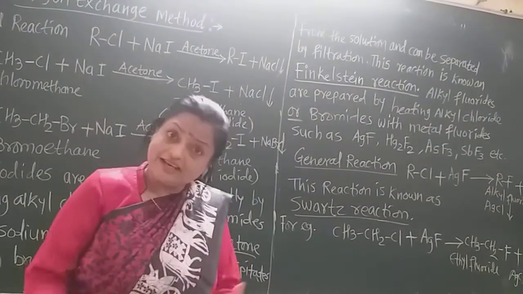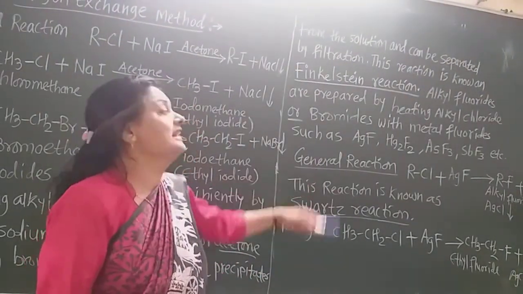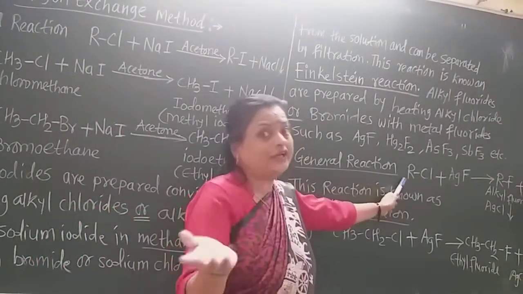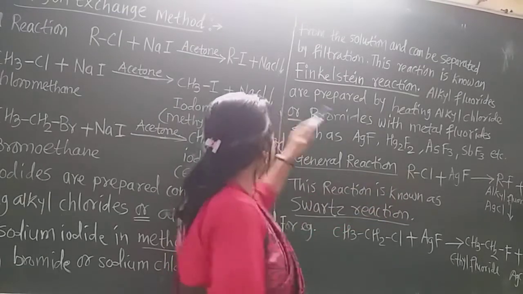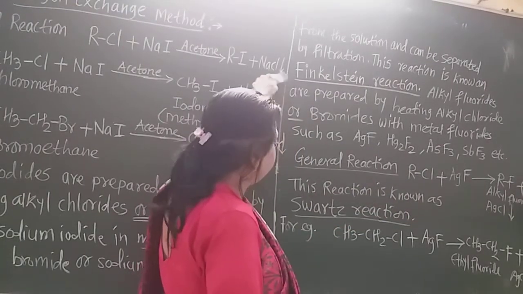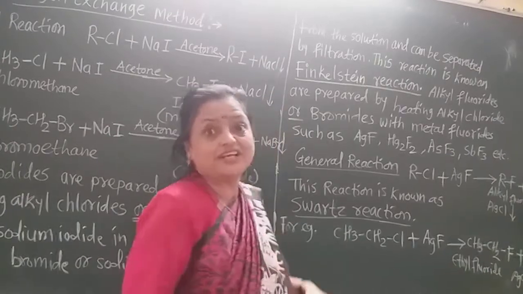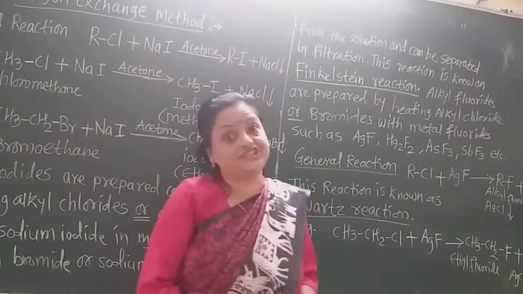And in the general reaction, what happened? In the general reaction here also there is only halogen exchange. Suppose this is A, you can give here A, and this is the B reaction in that main halogen exchange method.